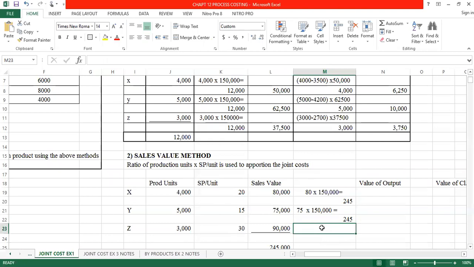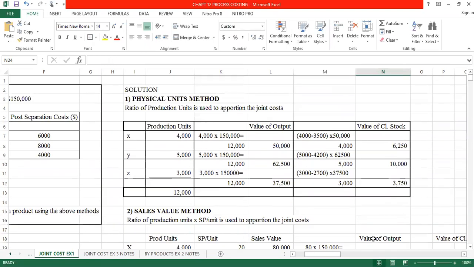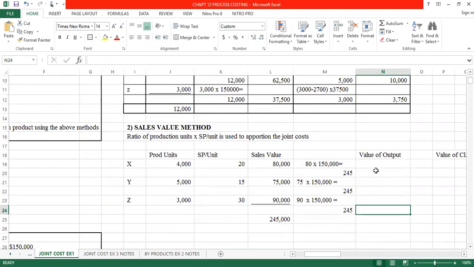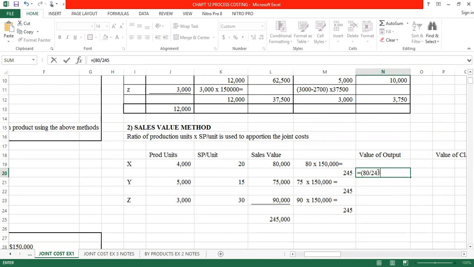This one is 90 times 150,000, divide by 245. So what do we get in that case? It equals 80 divided by 245 times 150,000.